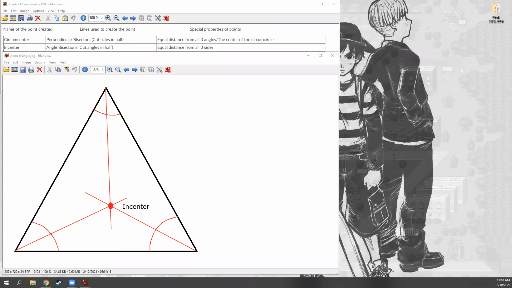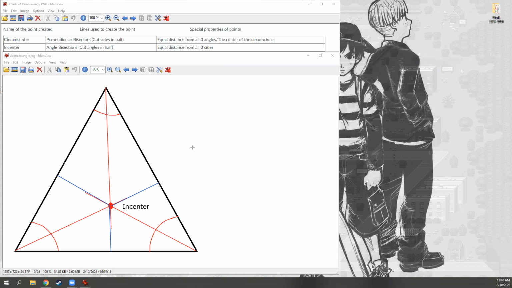And it is going to be equal distance from all three sides. If I went from here straight to the side, from here, and from here, they'll all be the same length. The nice thing is in-center stays in the triangle, because if you're cutting angles in half, you're going from the angles inside into the triangle.